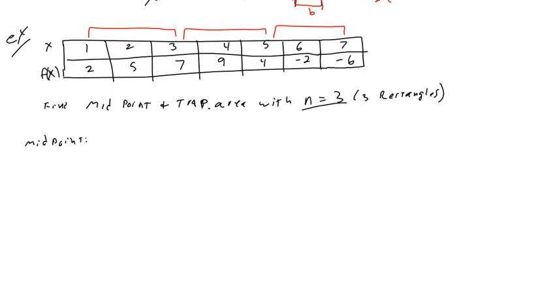So to do the midpoint rule, the area is going to be, again, the sum from i equals 1 to 3 of f of x times delta x. My delta x's here are going to be 2, 2, and 2.